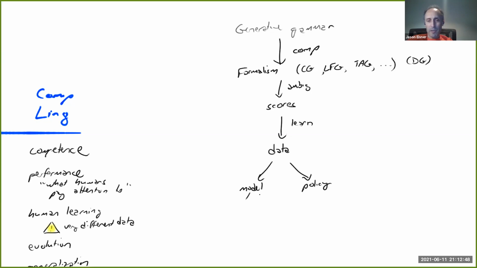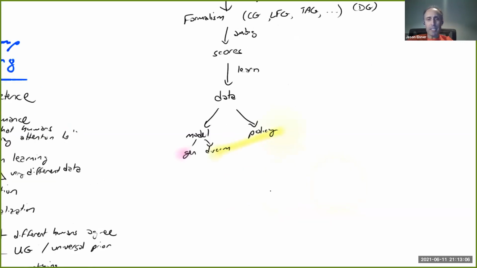Within models, there's generative versus discriminative models, but these two things over here are end-to-end for a particular task, and this thing over here is where you're trying to get a full scientific theory, which might work across tasks.